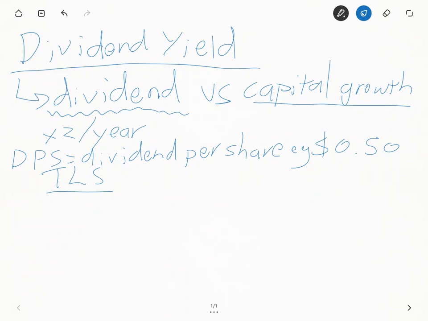So it's a fairly large, mature, stable company. So it's quite hard for them to generate capital growth. So what they will actually do is they will focus on the dividend, because Telstra being a large company, a lot of superannuation funds own Telstra shares. So they actually pay a fairly high dividend.